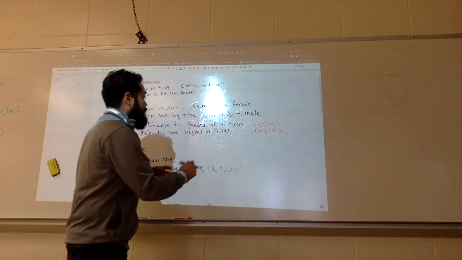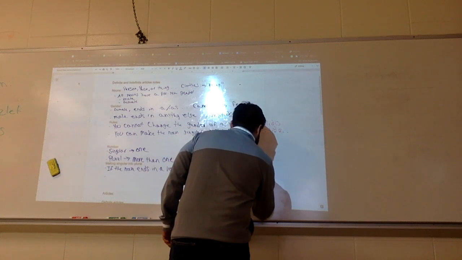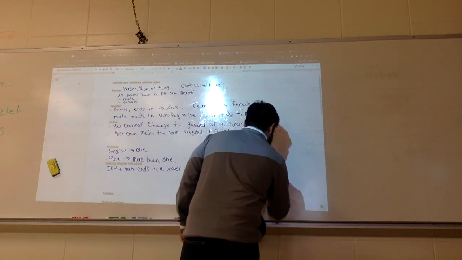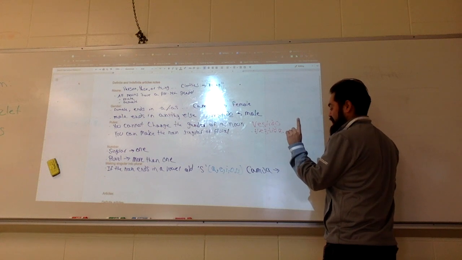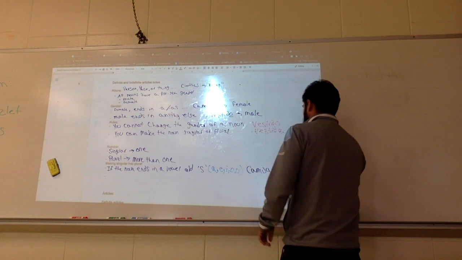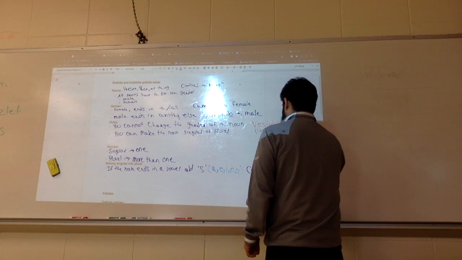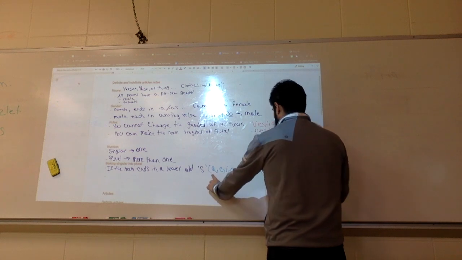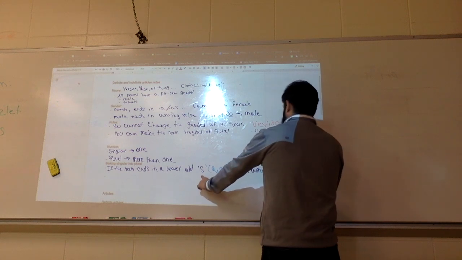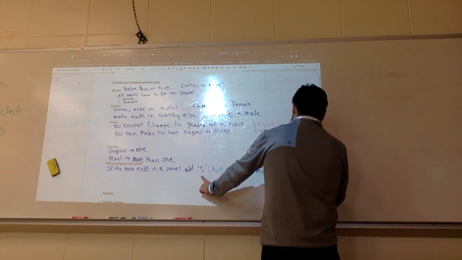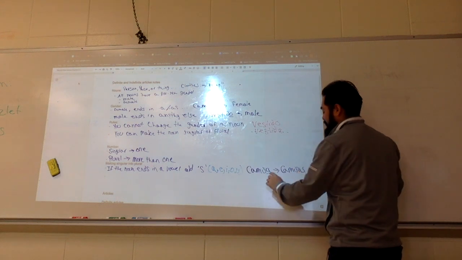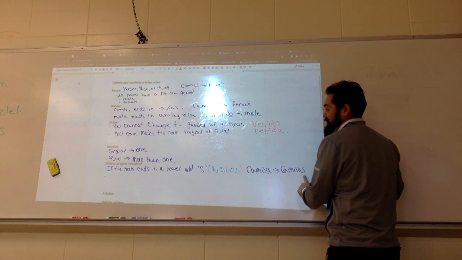For example, we're going to take the word camisa. As it stands, camisa is one shirt. If I want to make it plural, it ends in an A. An A is a vowel, so all I need to do to make it plural is add S. Camisas. So camisa becomes camisas.